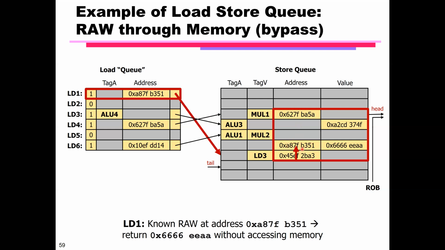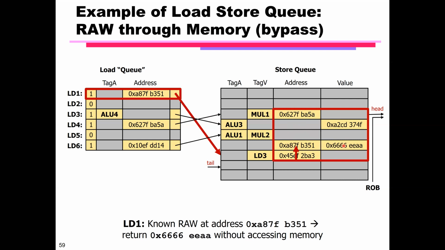If I find a conflict here, I don't care if there were older conflicts, maybe, that I cannot determine because they are not known. Certainly this is the conflict that interests me, and certainly this is the value that I want. And in this case, I do know the value, so I can avoid sending the load to the cache, so I will not even perform the load.